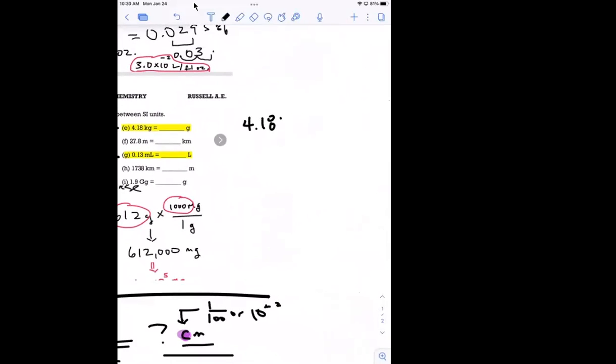4.18 kilograms. How many grams, right? What does the kilo stand for? That prefix. 1,000, right? Or 1 times 10 to the third.